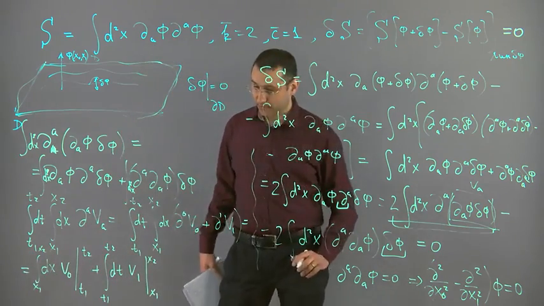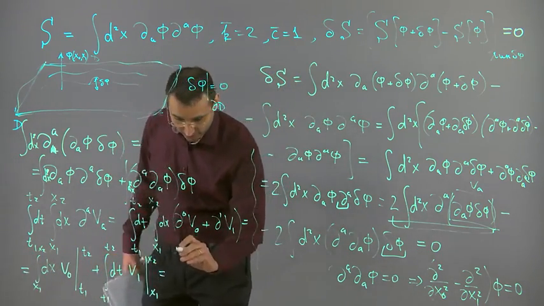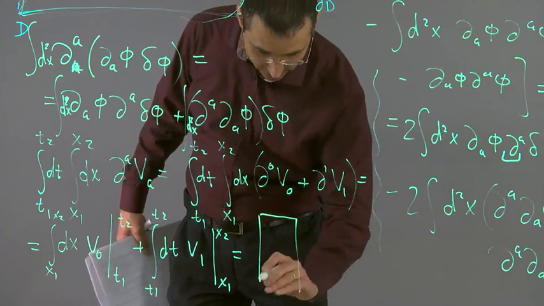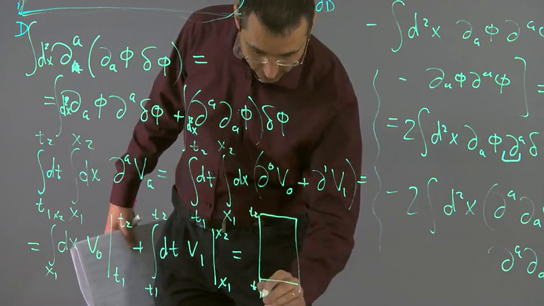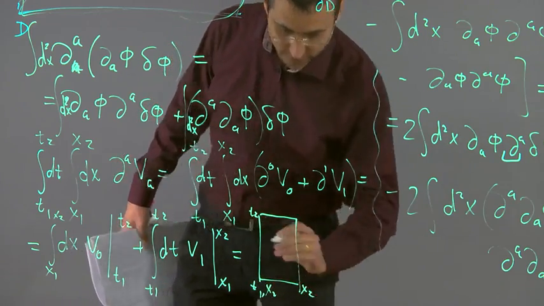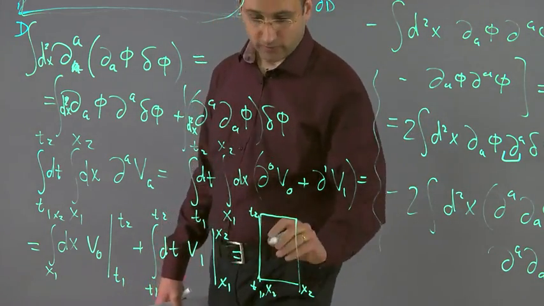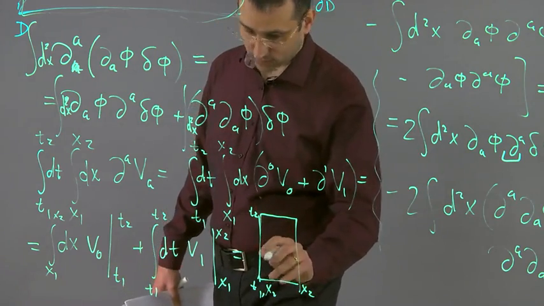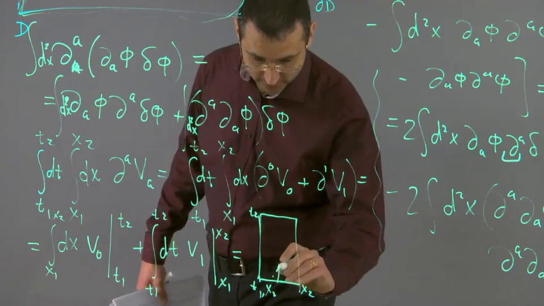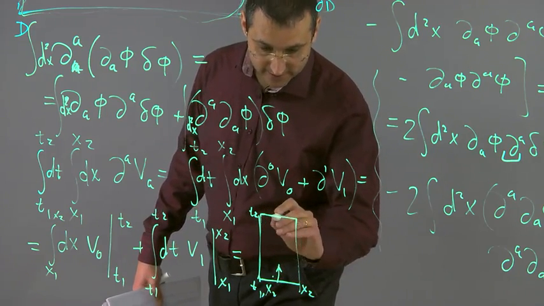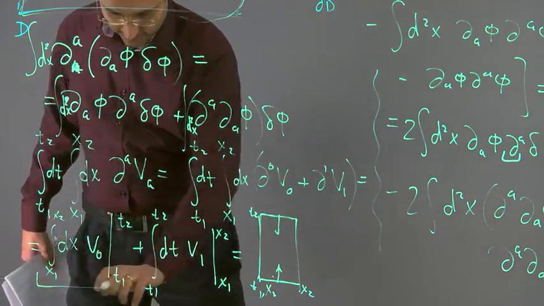So what do we obtain? Geometrically, this is the following situation. We have a rectangle from t1 to t2 and x1 to x2. So we have the integral over this side of v0, minus the integral over this side of v0. This is the first thing.